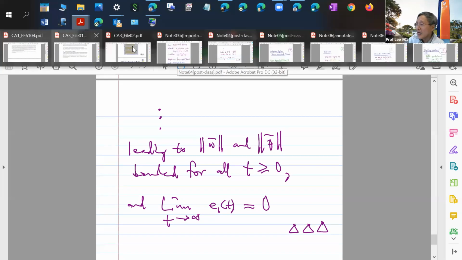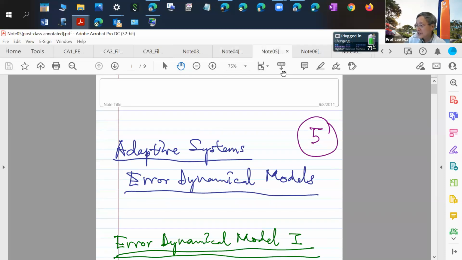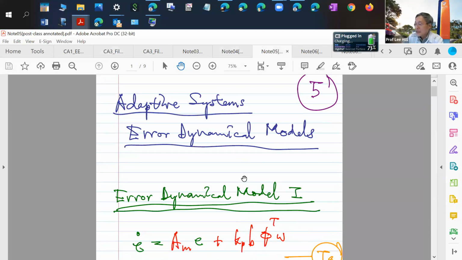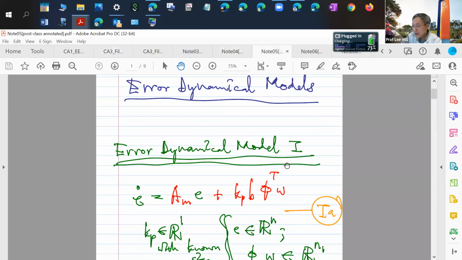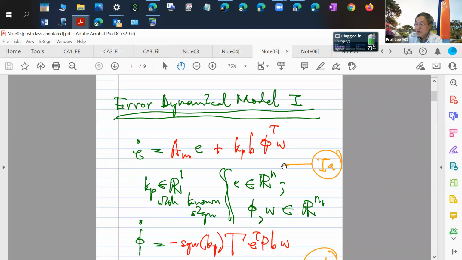Then remember, last week I said, let's back off a bit and see what we have done. Even though we have handled adaptive control, in reality we were handling a lot of signals and systems, even though we put them in the situation of adaptive control.